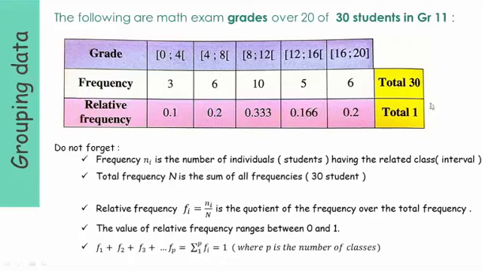So we have 3 over 30 is 0.1, 6 over 30 is 0.2, 10 over 30 is 0.33, 5 over 30 is 0.16, 6 over 30 is 0.2. The total of the relative frequencies should be 1. Also, don't forget that the relative frequency ranges between 0 and 1.